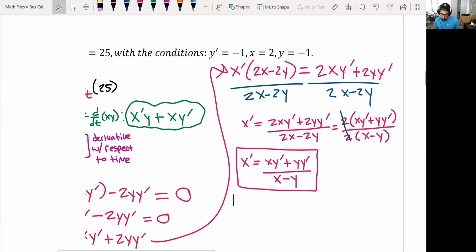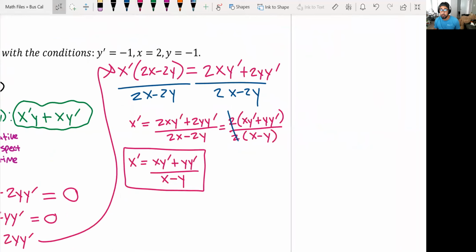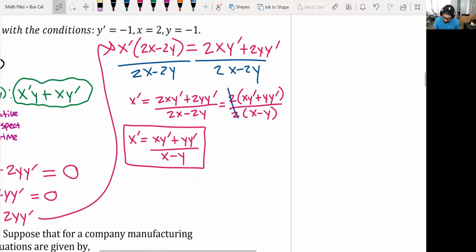Now all we have to do is plug in the values given above. y prime equals -1, x equals 2, y equals -1. So let me write that down. y prime is -1, x is 2, and y is -1.